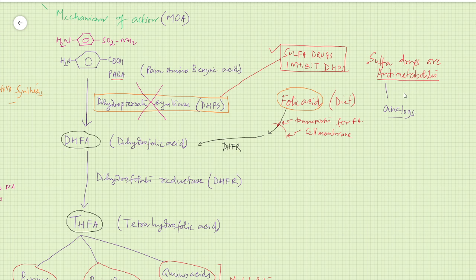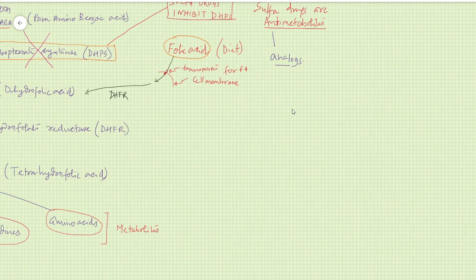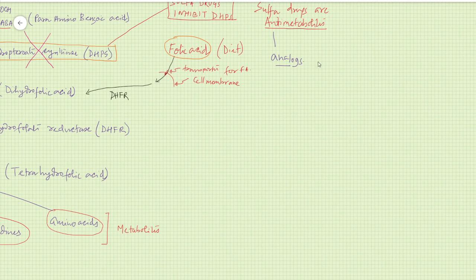So what are antimetabolites? They are analogs of naturally occurring compounds that interfere with their metabolism.